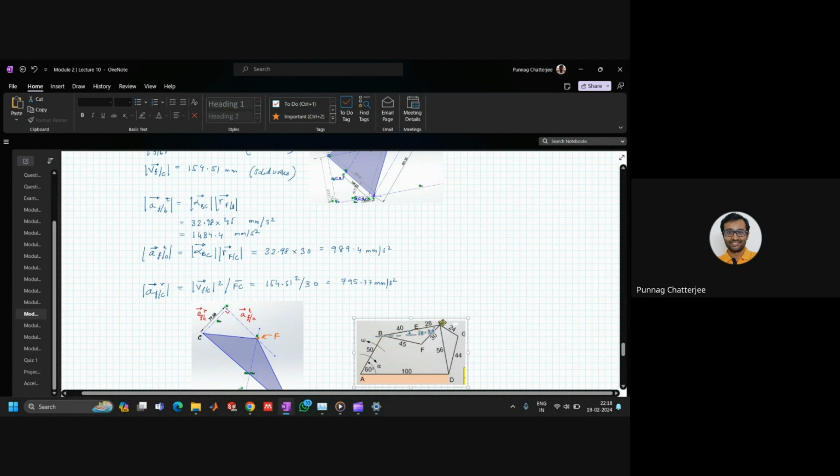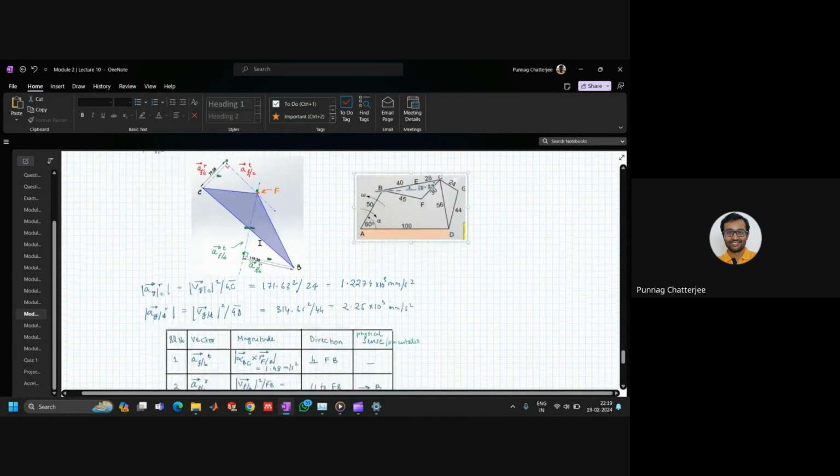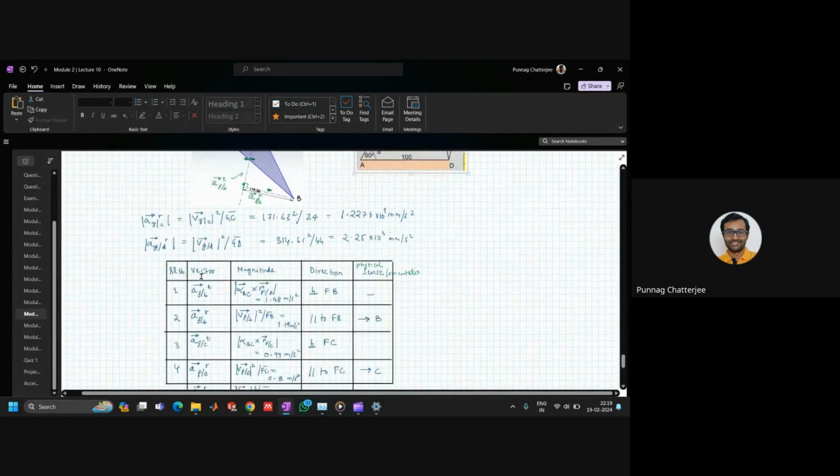So this entire triangle BCF rotates as a single unit. So the BC angular acceleration can be used for the angular acceleration of BF also. Okay, so the tangential part, you can find it like this. And for the radial part, you can find it as VFC squared divided by FC. And these are all the values. We have also tabulated them in a chart below. You can see it's the tangential part over here and the radial part.